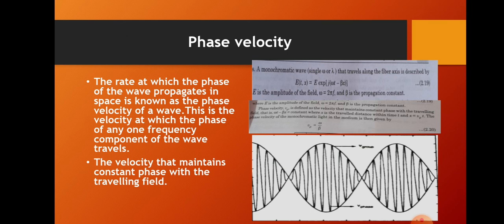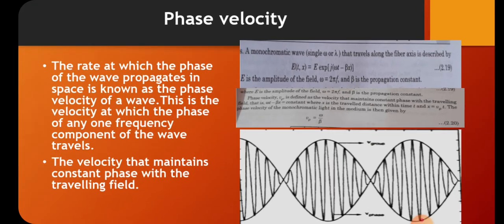Once wave is propagating, there will be different waves, and the phase of different waves will be different. So the phase velocity is the velocity that maintains a constant phase with the traveling field.